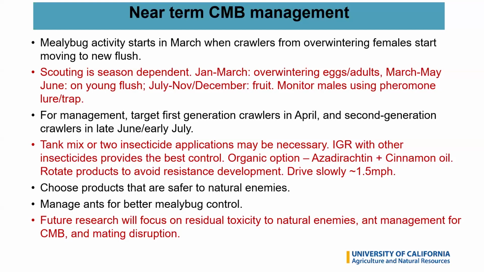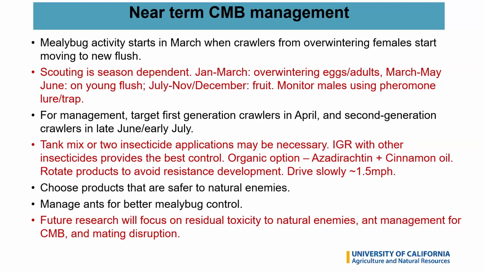And another thing you want to keep in mind is rotate products to avoid resistance development and get a good coverage, because mealybugs are inside the interior canopy. Choose products that are safer to natural enemies. And if you're releasing natural enemies, maybe wait a week or 2 after insecticide application to make releases.